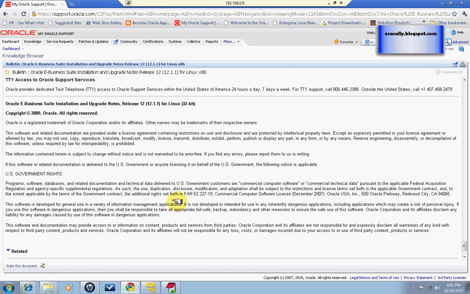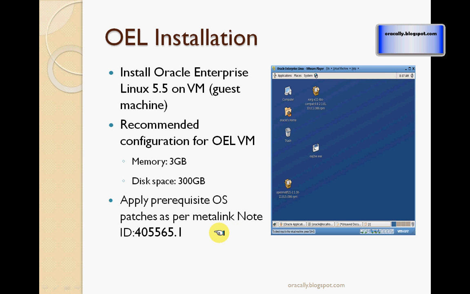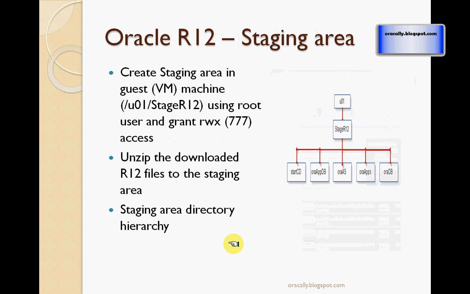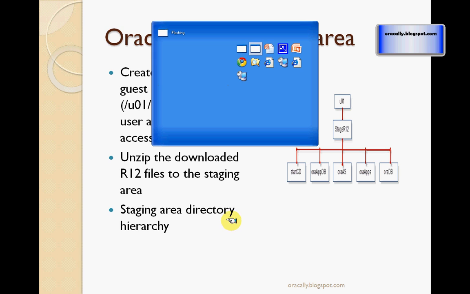them. So let's go to that part, and for that you need to go to edelivery.oracle.com and download the latest Oracle R12 version as per your OS version, 32-bit or 64-bit. Let's see where to download that.